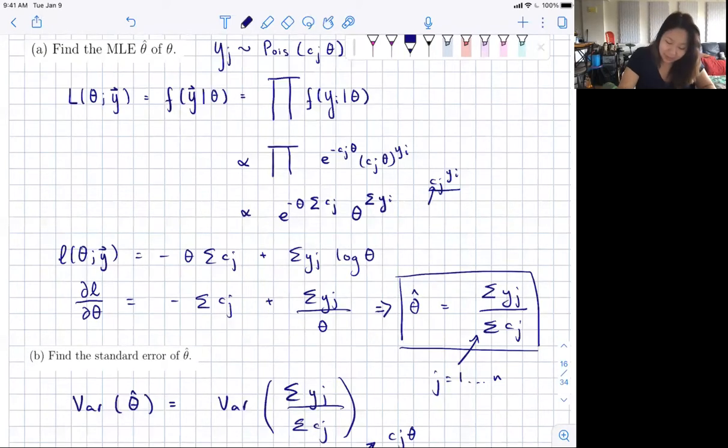If we look at the likelihood here, the data is right here, attached to the θ.